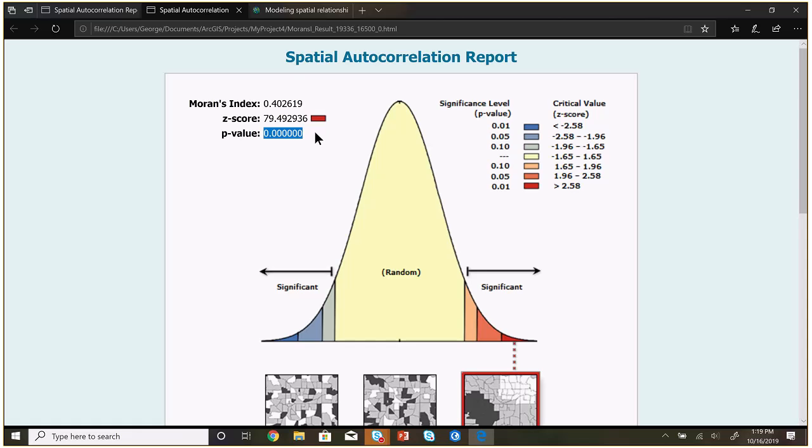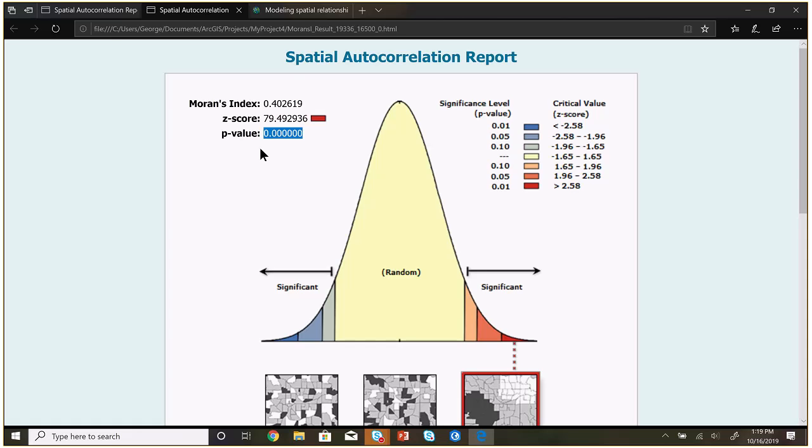The p-value tells us the probability that that spatial pattern would be created by a random event, by a random spatial process. So in other words, a really, really low probability. It could happen.